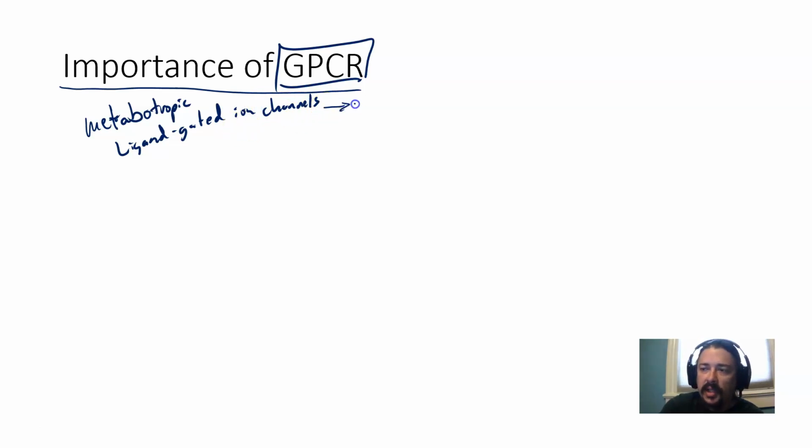These are typically G protein coupled receptors, right? Meaning that G protein coupled receptors are often involved in many neurotransmitter receptors.